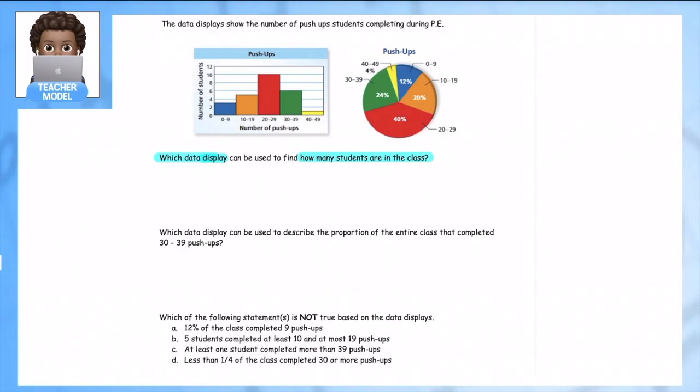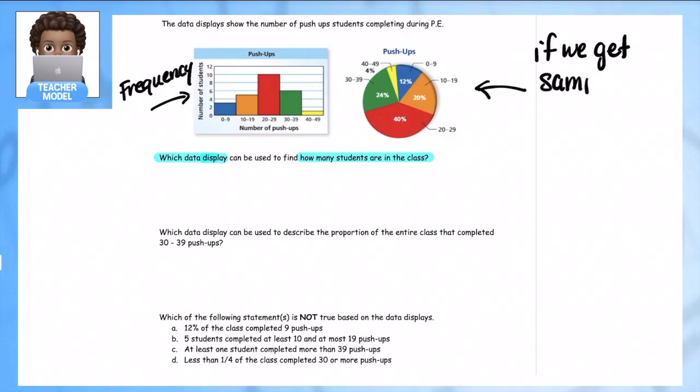Starting with the histogram, we can see the number of students on the side. So histograms give us the frequency, whereas a circle graph does not. However, if they give us the total, which we usually call a sample size, we can calculate the rest.